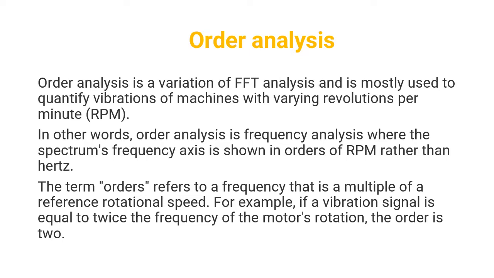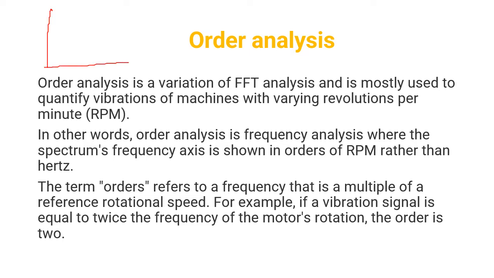For example, if a vibration signal is twice the frequency of the motor rotation, the order is 2. It is basically a different name, but this is frequency domain analysis, or you can say a spectrum, only with a change in the x-axis.